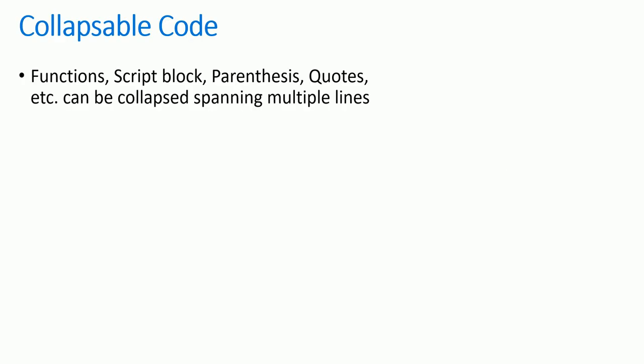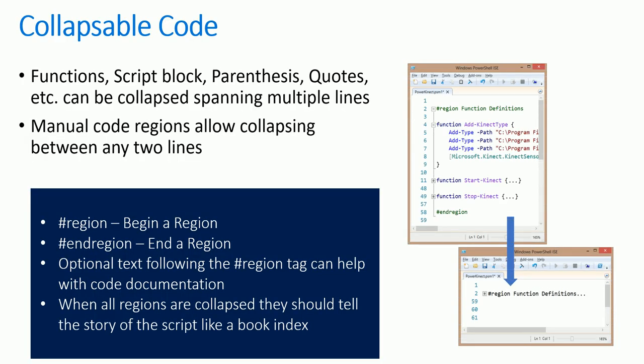Now the collapse code: how can you collapse? Suppose you have written a big code and you want to collapse the function. This works automatically when you are writing any function or big code. So you can collapse like this. If you click on this sign, it will collapse your complete code.